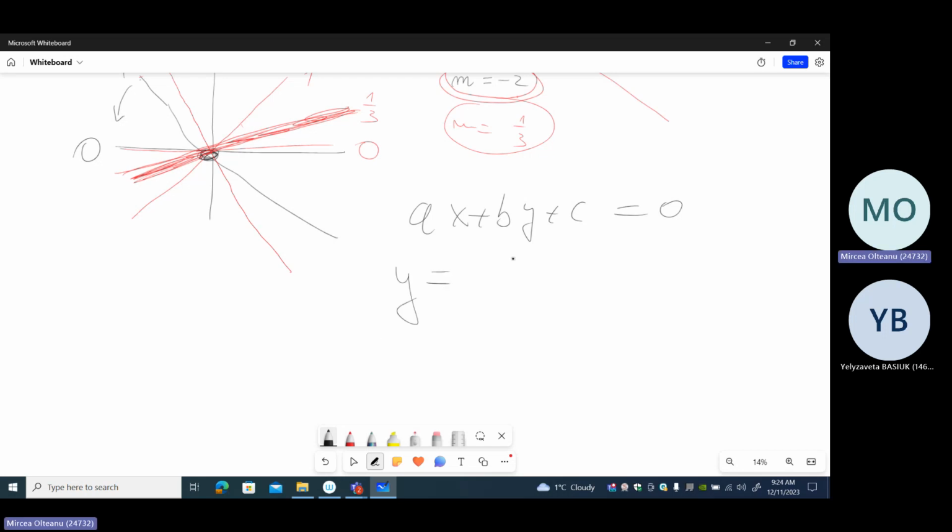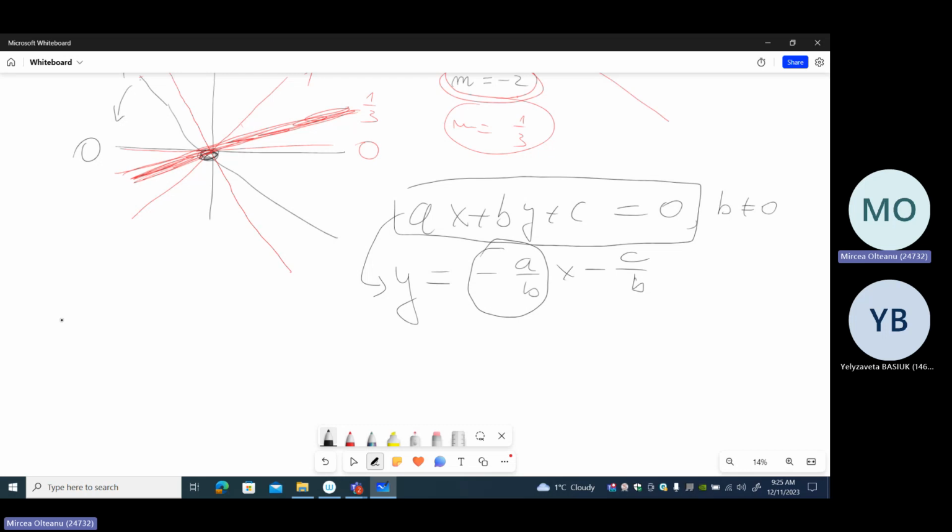Take y off from here, it will be minus A over B x minus C over B. So the slope is the coefficient of x. Of course, this can be done if B is not 0. So from the general equation of the straight line, you explicit y, and the coefficient of x, it can be proved in a very simple way, is the slope.